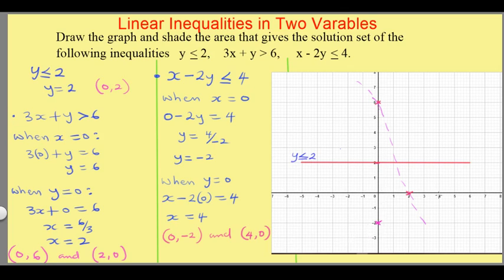And when x is 4, y is 0. This is also inclusive. So because it's inclusive, we are going to be using thick line for this, in an inclusive inequality.